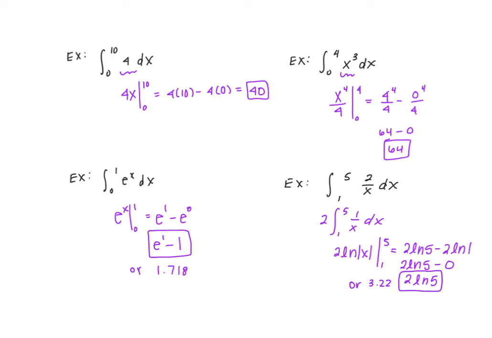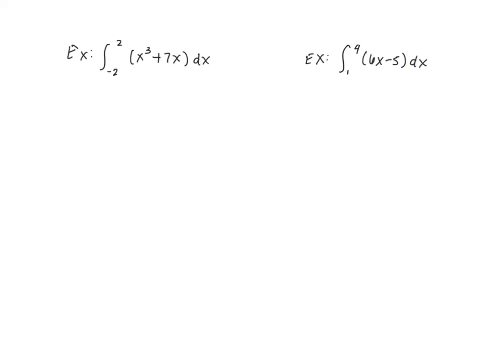I'm going to do 2 more examples here, and then we'll pick up more on this on Thursday. So we've got the integral from -2 to 2 of x cubed plus 7x. So I'm going to take the integral of this. So that becomes x to the 4th over 4 plus 7x squared over 2.